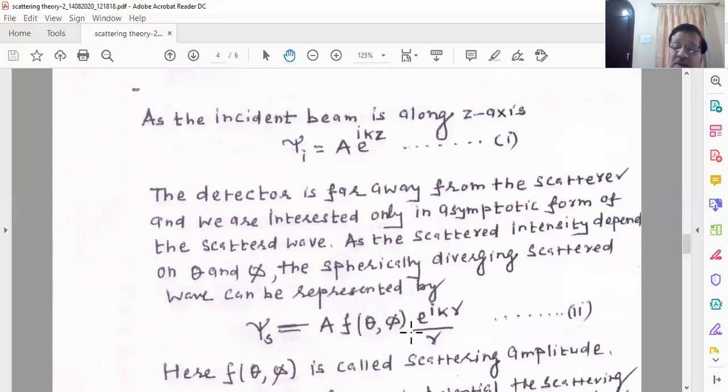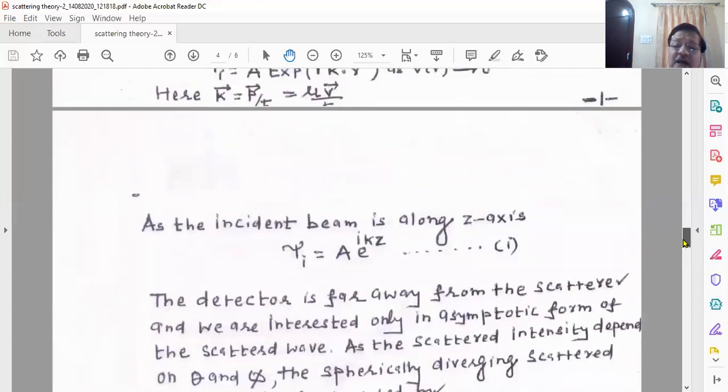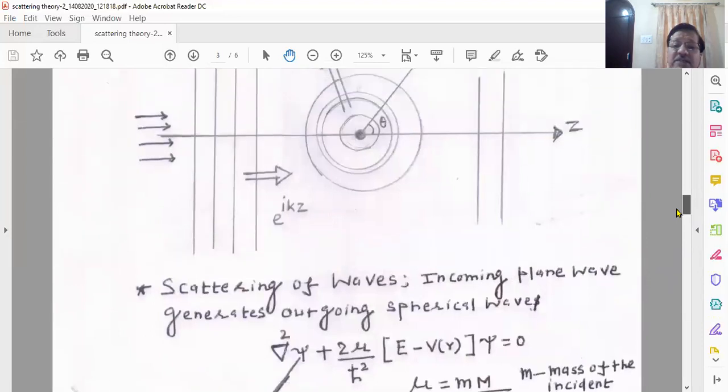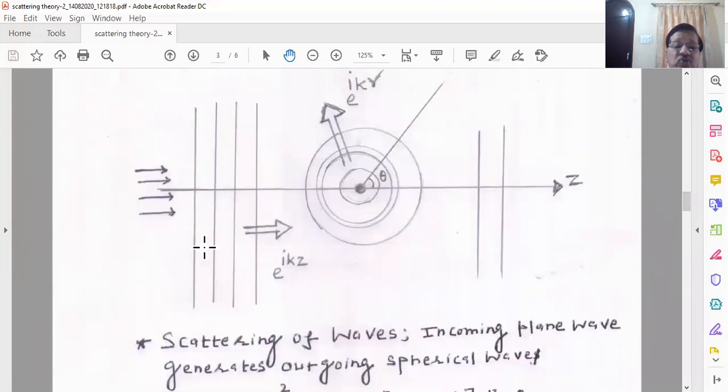But please look at the diagram. You have an incident wave. Most of the incident wave is scattered, but there is a probability that certain plane waves are not scattered. So you have the unscattered plane wave along the z direction, and those waves which are scattered.